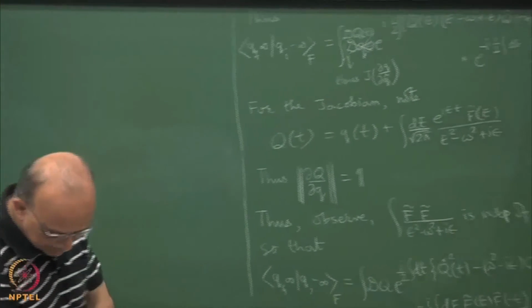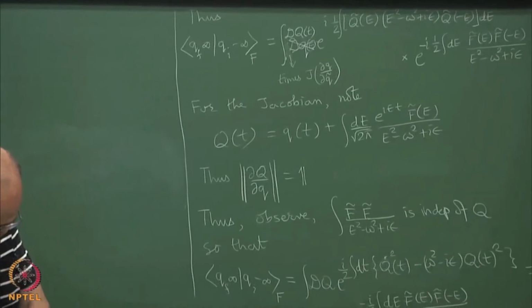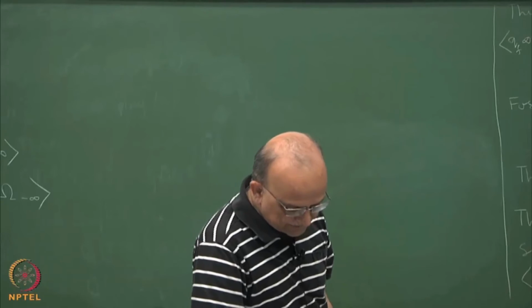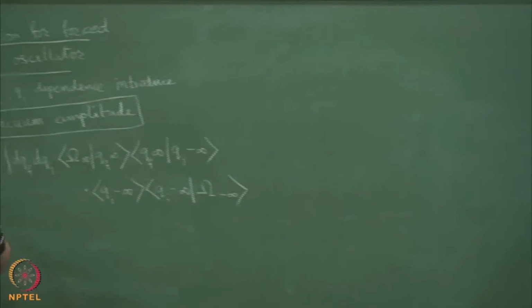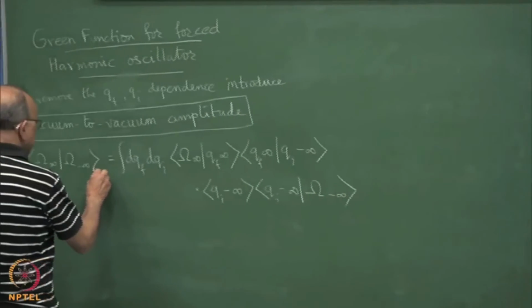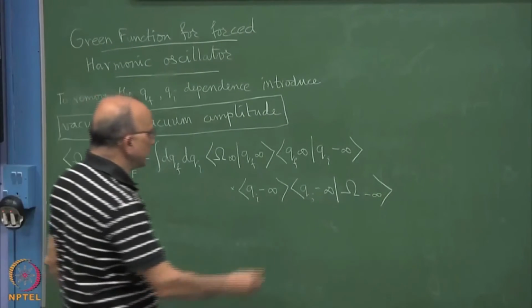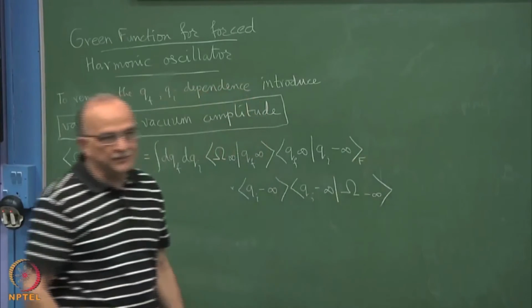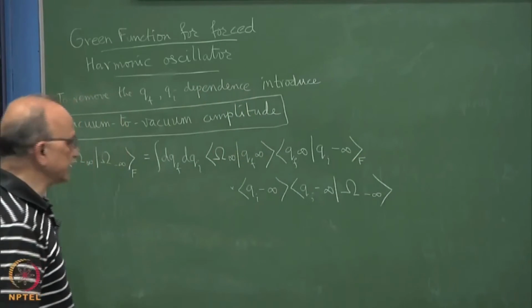So this in the presence of any forcing function becomes, suppose we do this with the presence of F, then we would have the presence of F over here, but F is supposed to switch off at plus and minus infinity.